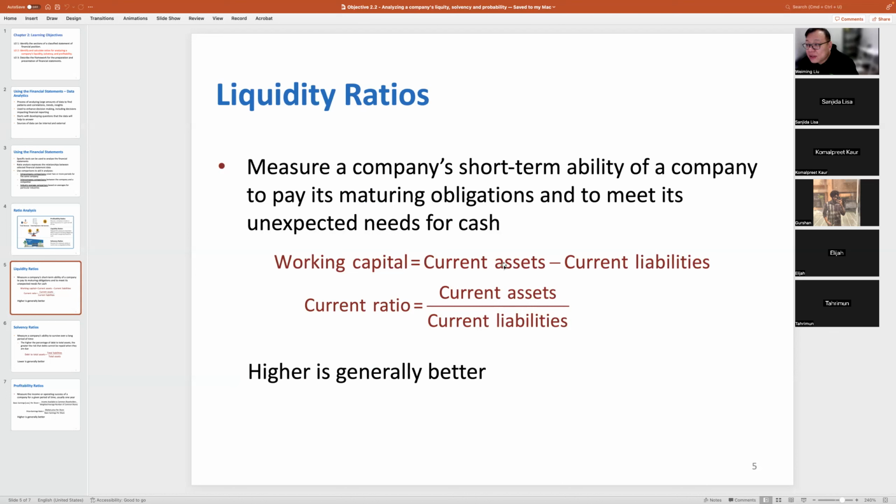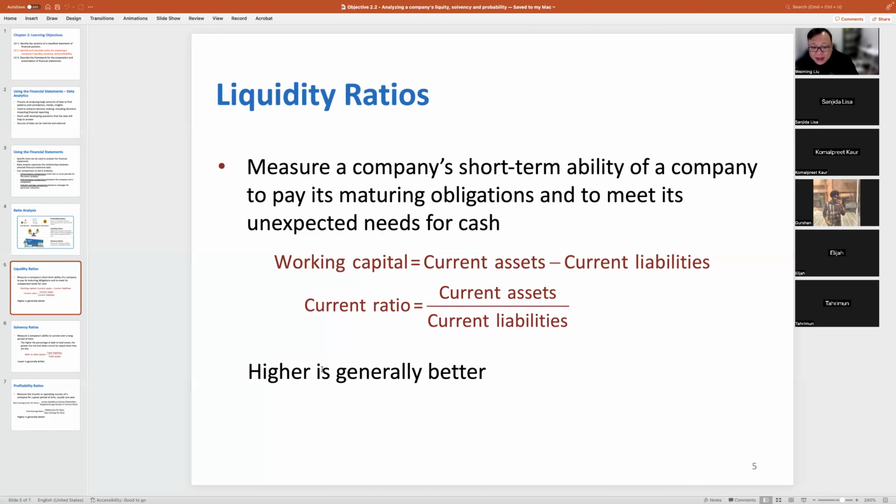Okay, so you take the difference. So that's one. The second one is current ratio. So how do you calculate the current ratio? You use current assets divided by current liabilities. So the first one is minus, okay? The second one is a division, okay?